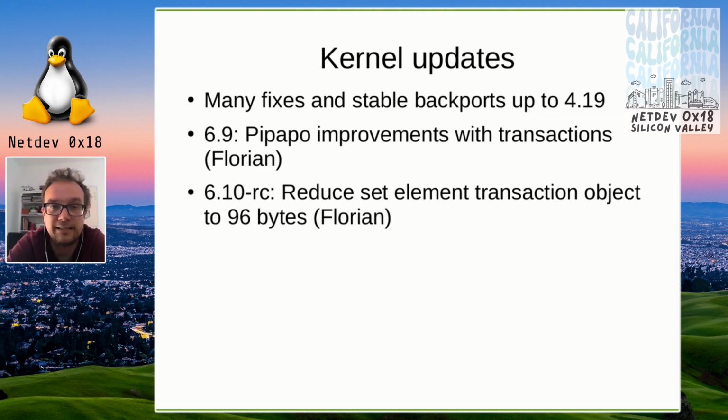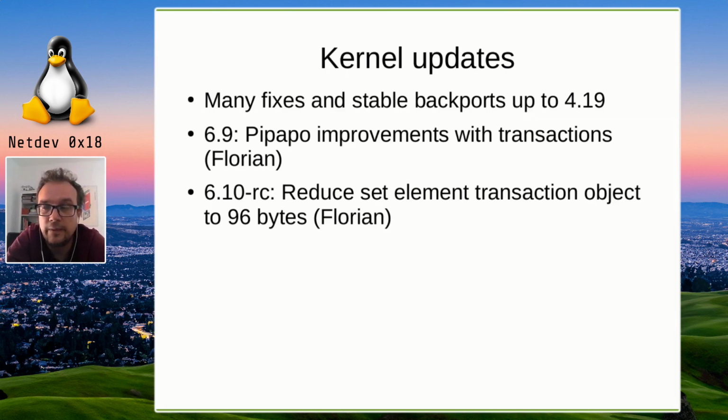Regarding kernel updates, since 6.6, which is when we last talked at the previous Netdev conference, we have improvements for the pipapo backend by Florian Westphal to integrate better with transactions.